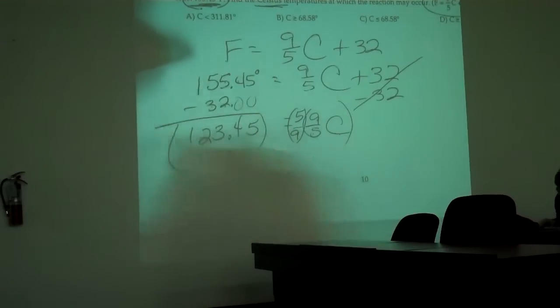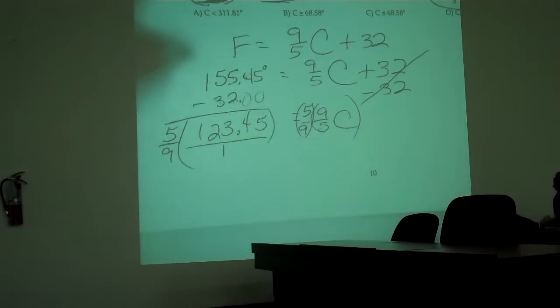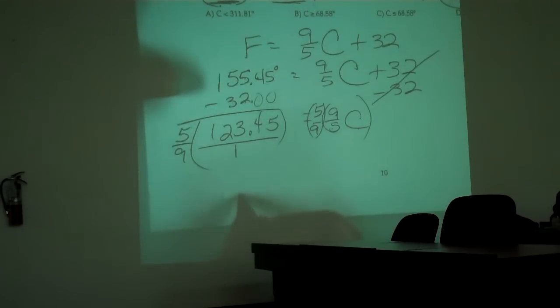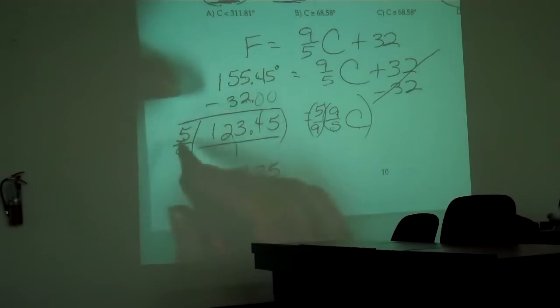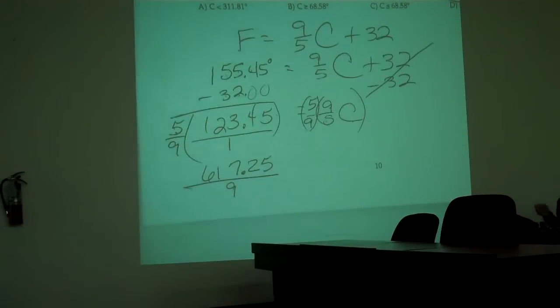So multiply it by 5/9. So do 5 times this number and then divide by 9. 5 times 5. I believe that's right. And then do that number divided by 9.